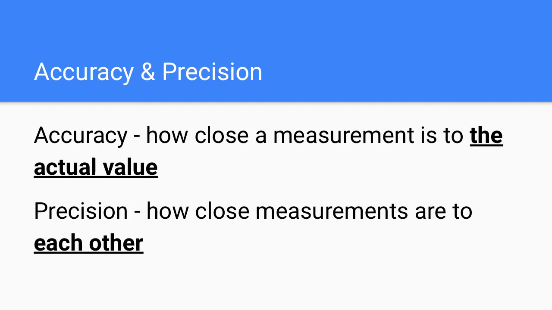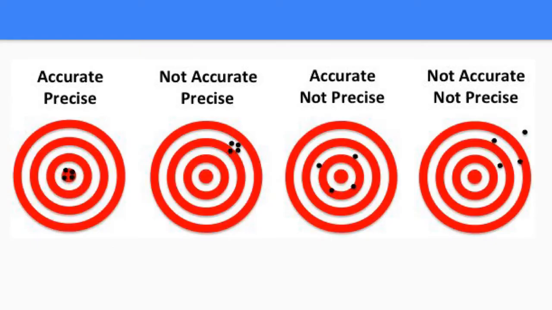So one of the best ways to look at accuracy versus precision is through looking at bullseyes. So if you've never shot darts before or bow and arrow in gym class, this is a dartboard, and your goal is to hit this red dot in the center, right? That is your goal.